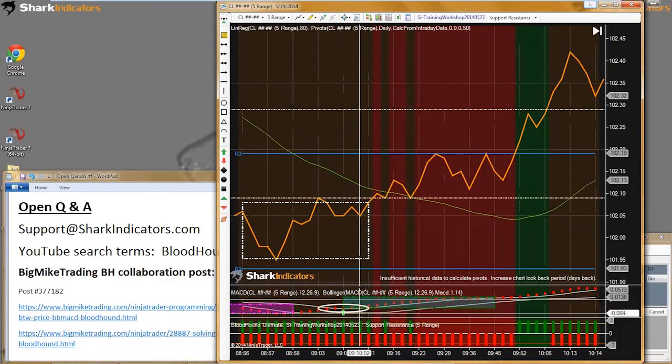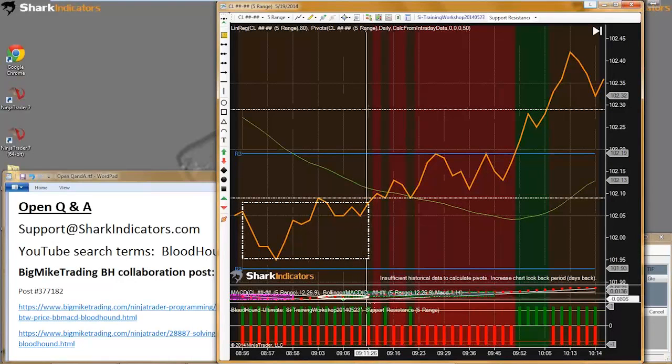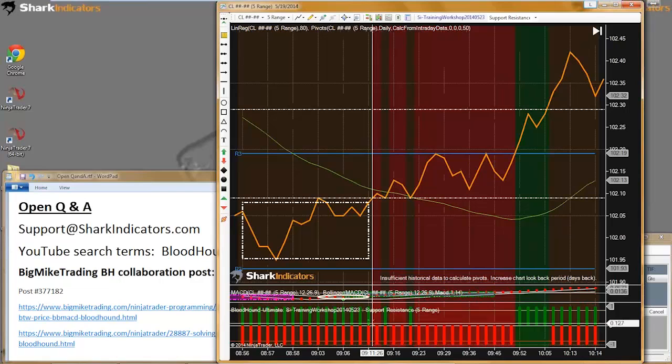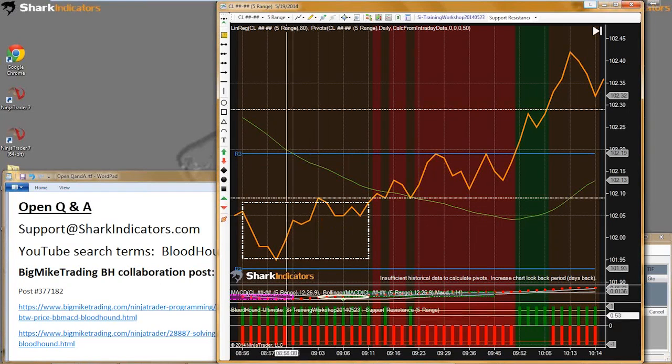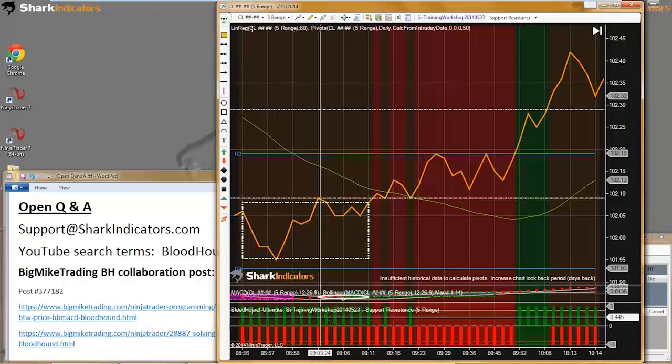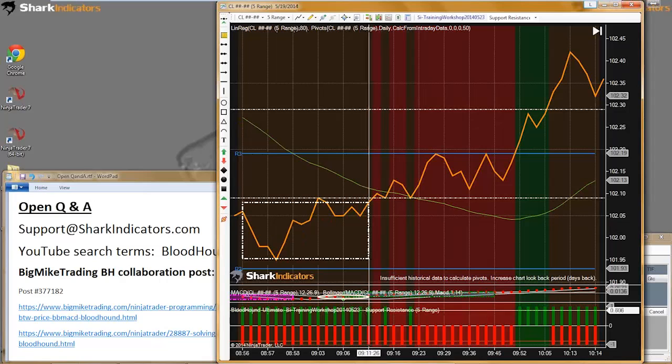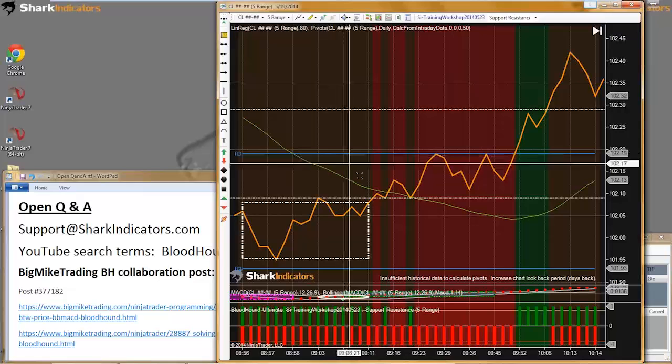Let me increase BloodHound here. So you can see we have a long output from BloodHound. And what that's telling you is that price is more than 10 ticks away from the R3 line, and so we have enough distance to take a long trade.